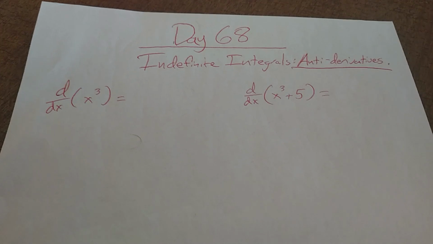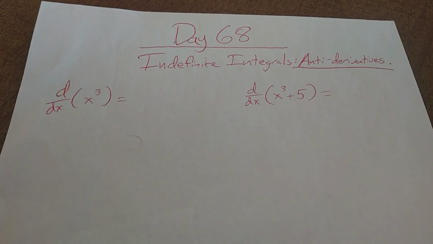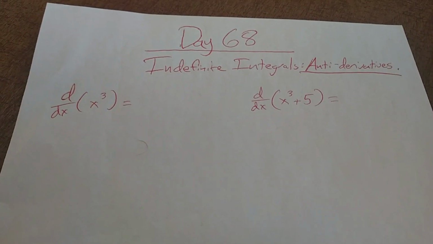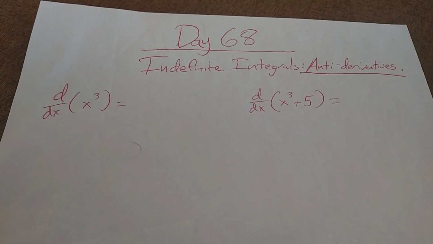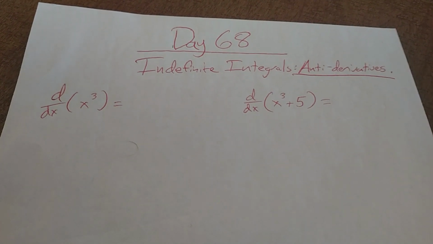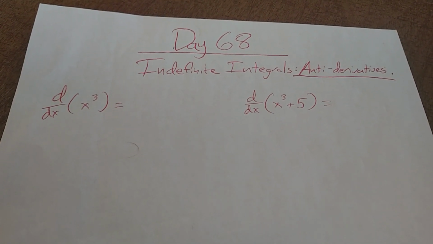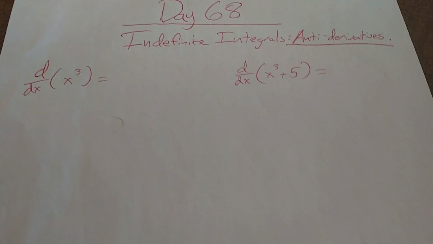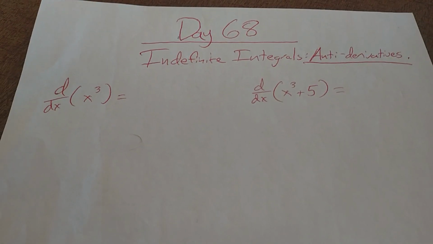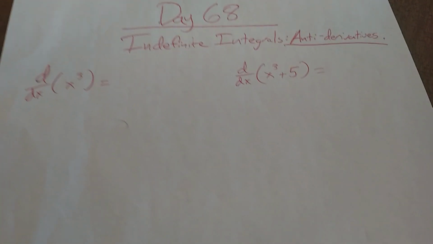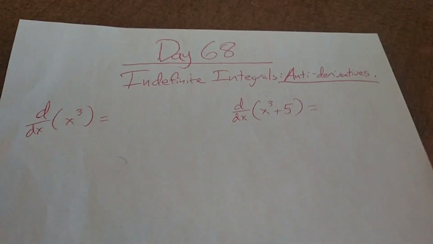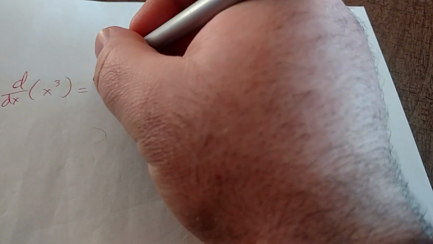So, today we're looking at day 68, indefinite integrals, and we're going to talk about integrals as antiderivatives. I'm going to start with some very simple review of the power rule of derivatives. If we have a function x cubed and we want the derivative of x cubed, sorry if this camera's a little shaky, I'm doing the best I can here, the derivative of x cubed would be 3x squared.